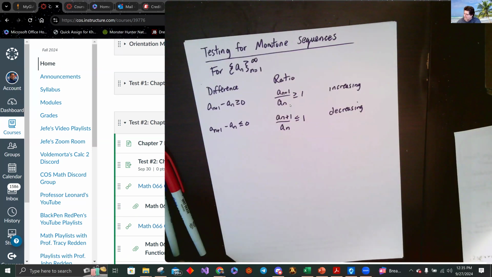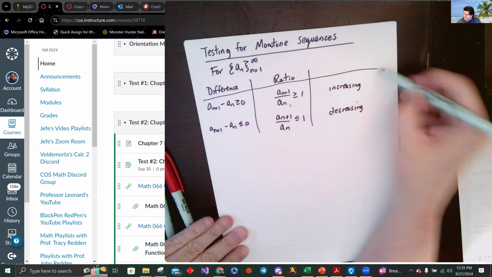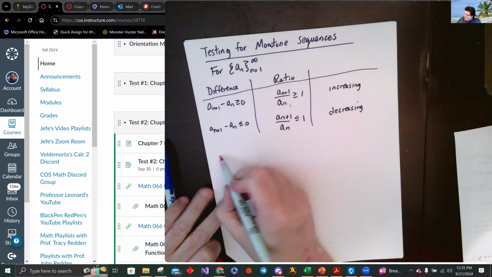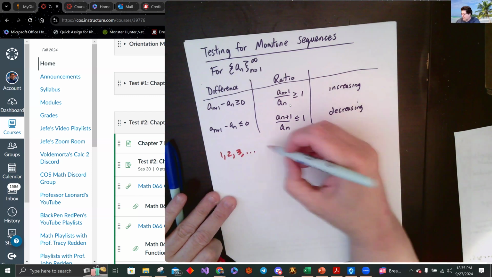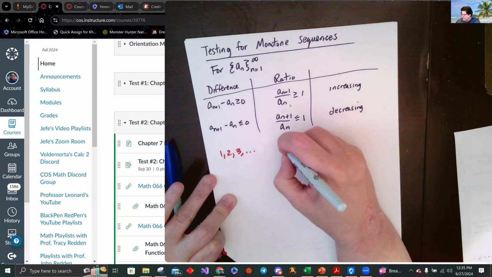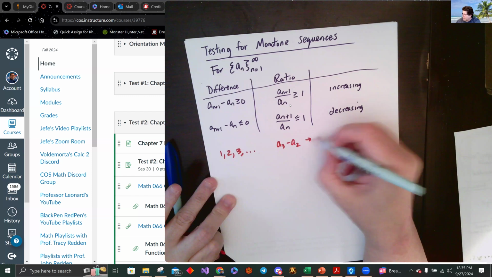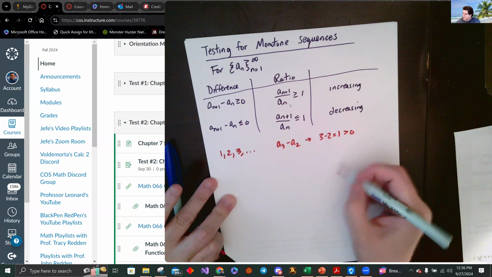This can be a complicated table to remember, but a quick way to think about it is just to use the sequences I started with: 1, 2, 3, and 3, 2, 1. Trying to remember which ones they go. If I do a sub 3 minus a sub 2, I have 3 minus 2 is 1, and that's greater than 0.